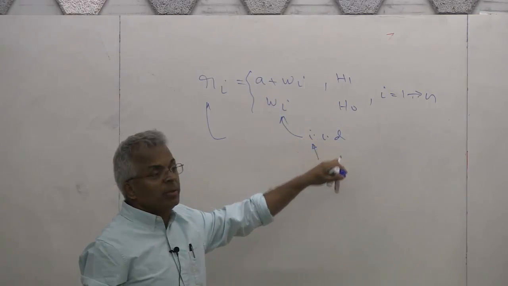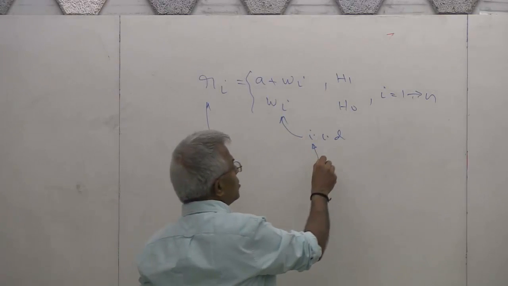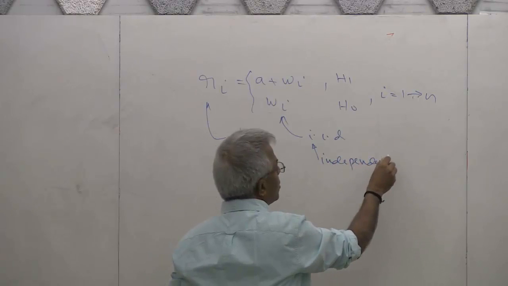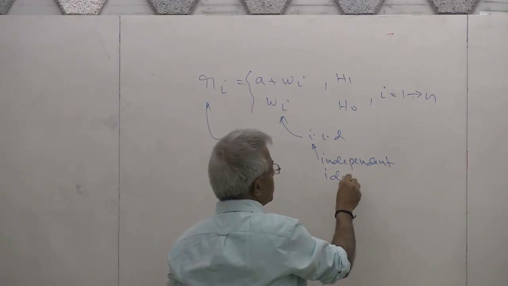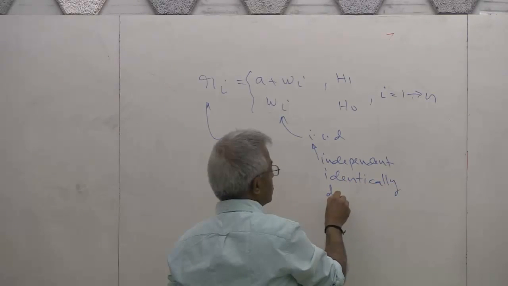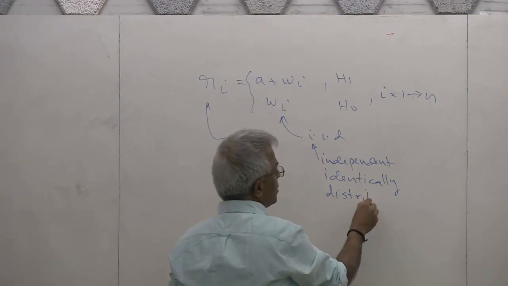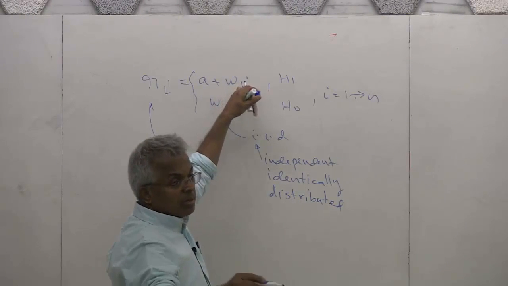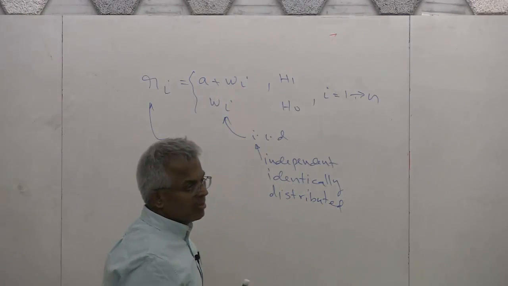The IID means independent. The noise samples are at least independent. Identically distributed. What does that mean? That means if you know one noise sample is Gaussian, all of them are Gaussian. It's all coming from the same family.